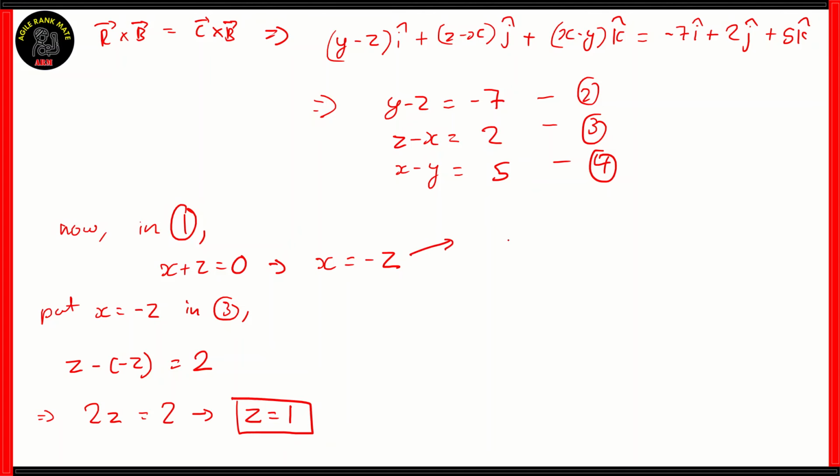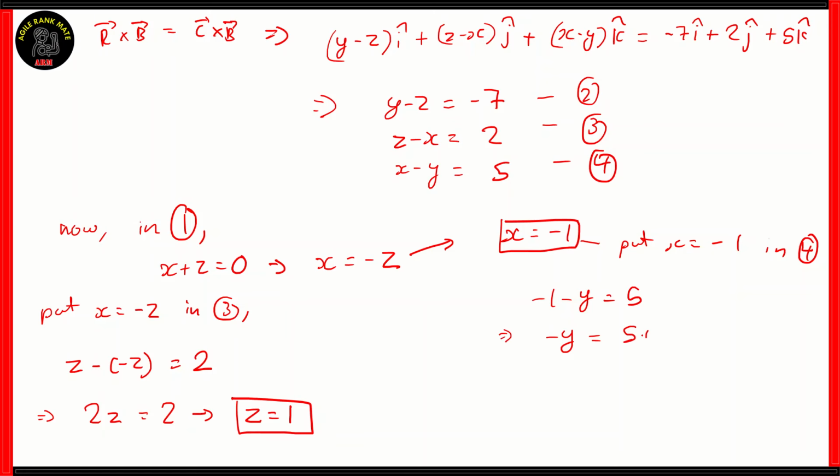So since x equals minus z, x would be equal to minus 1. Now we will put x equals minus 1 in equation 4. So we're getting minus 1 minus y equals 5. So therefore minus y equals 5 plus 1, that's 6. So therefore y would be equal to minus 6.